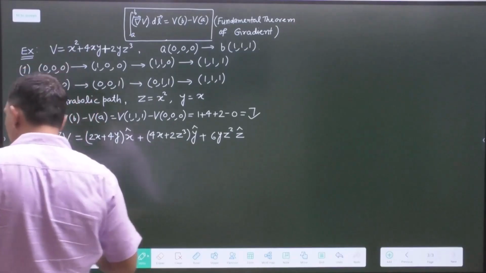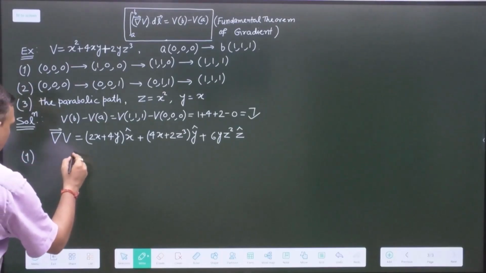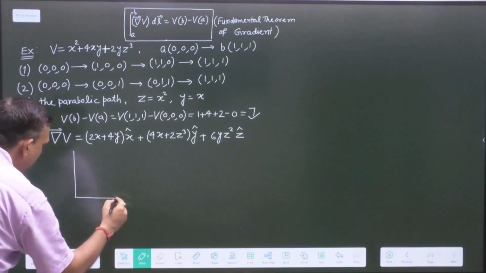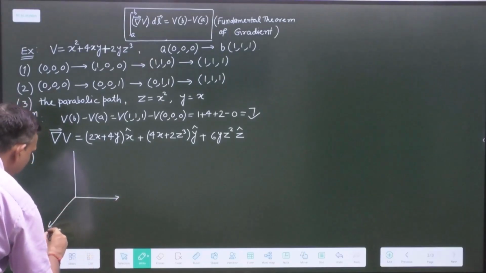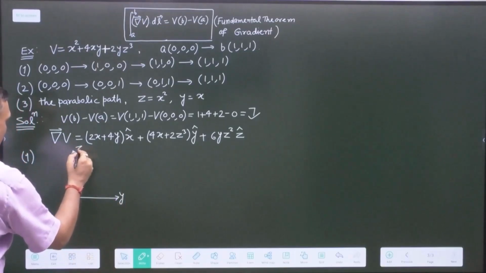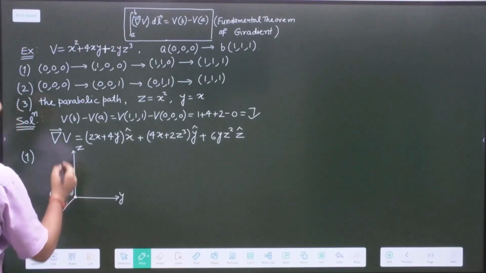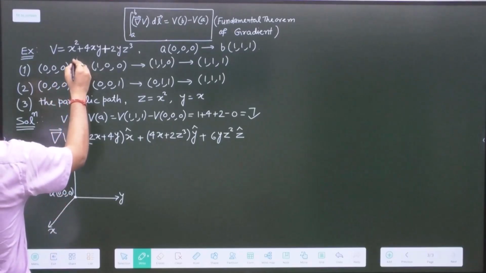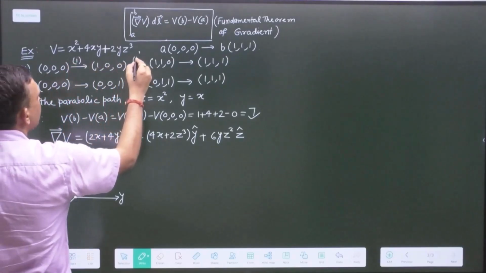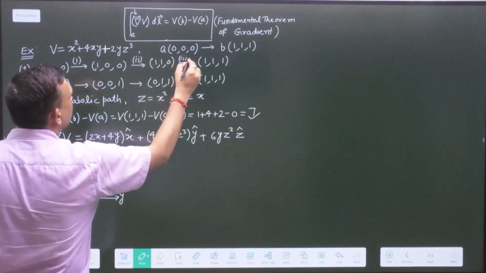So now we will see path 1. Let us consider path 1. This point is A, which is 0, 0, 0. Then this is segment 1, this is segment 2, and this is segment 3.